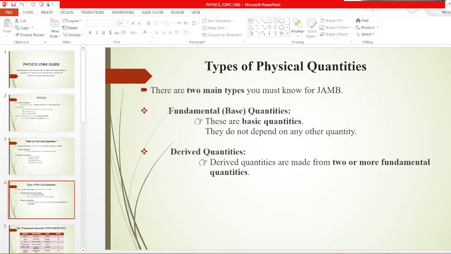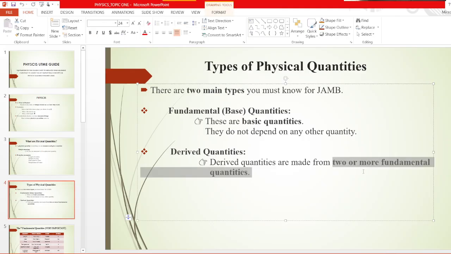They do not depend on any other quantity. Just know it. Anything that is called fundamental or base quantity does not depend on any other quantity. The other type of physical quantity is derived quantities, meaning a derived quantity is made up of two or more fundamental quantities.